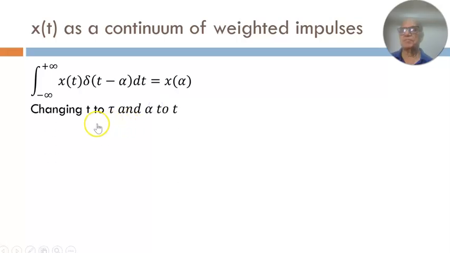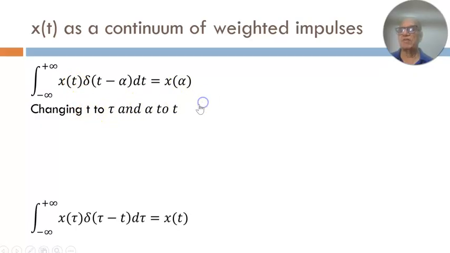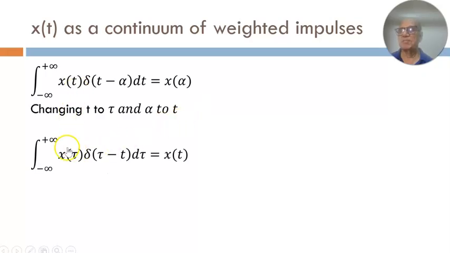Now suppose we change t to tau. This is a mathematical manipulation, and you will see the reason for doing this in a short while. So suppose we change t to tau and alpha to t, then what will you get? This t becomes tau, alpha becomes t, dt becomes d tau, and this x(alpha) becomes x(t).